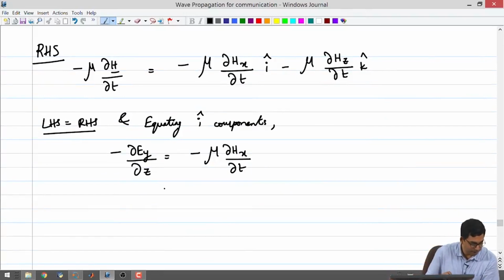So, I can always try to figure out what is the unknown over here. I have a time derivative on the right hand side, which means that I have to represent that as a forward time derivative.